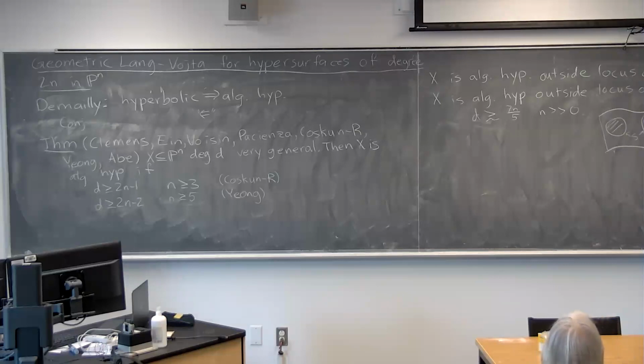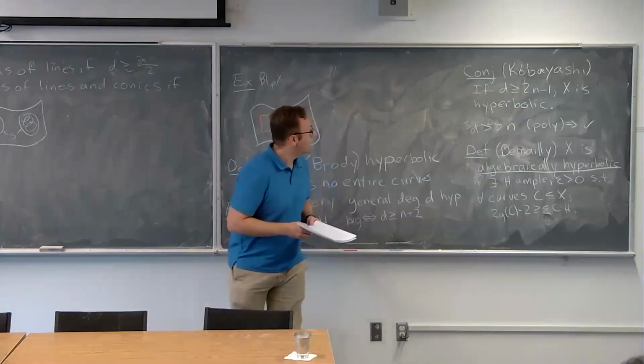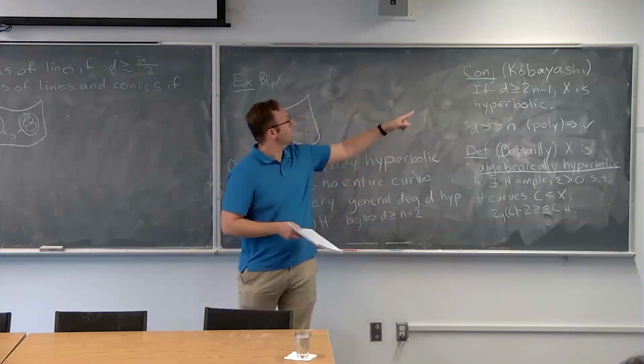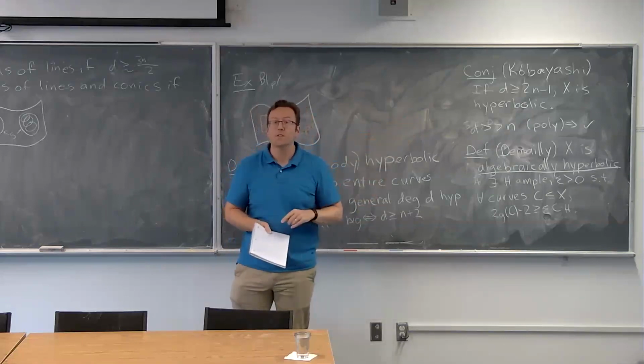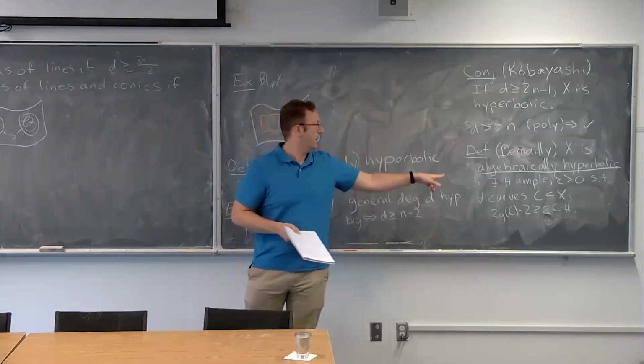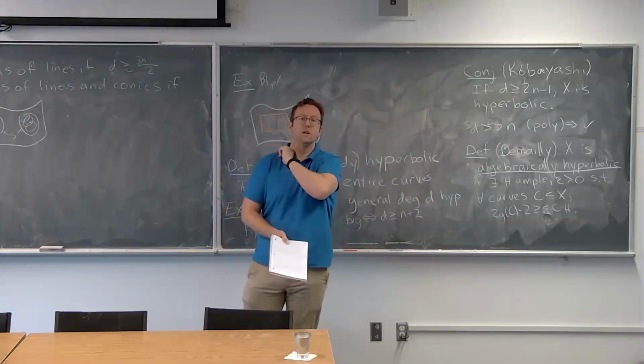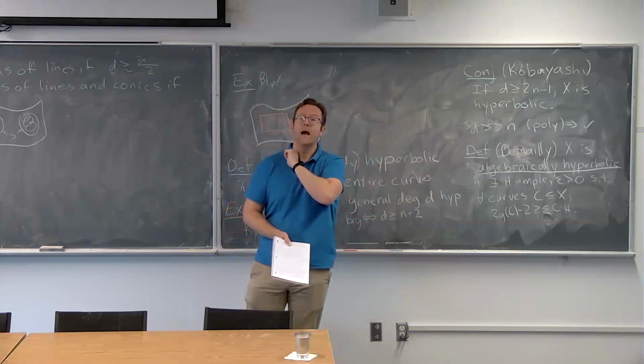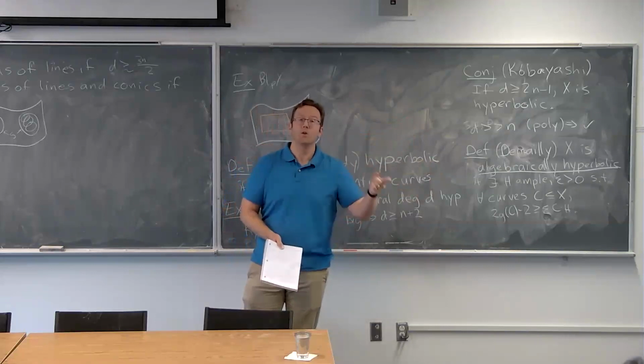Do you know some example when the two definitions coincide? Yeah. For the Kobayashi conjecture, that's known for D very large. And when the Brody hyperbolicity is the same as the algebraic hyperbolicity, we know examples where both are known to be true.